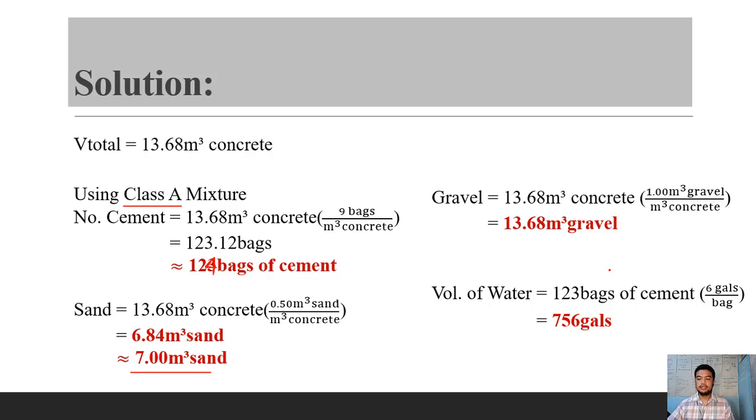And volume of water, you will simply multiply that by 6 gallons. So that should be 124 times 6, that will now be 762 gallons.